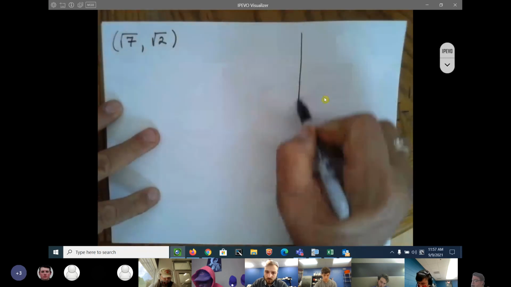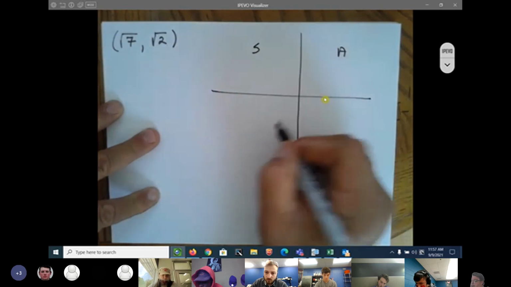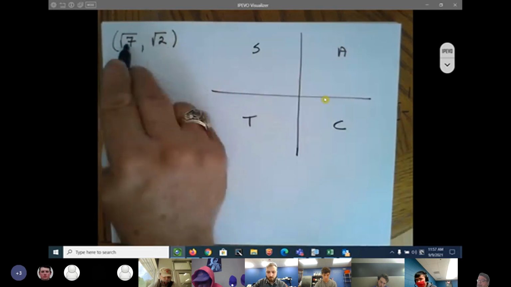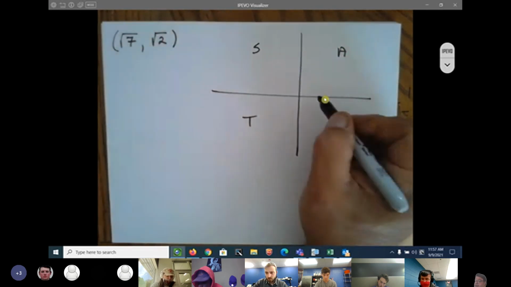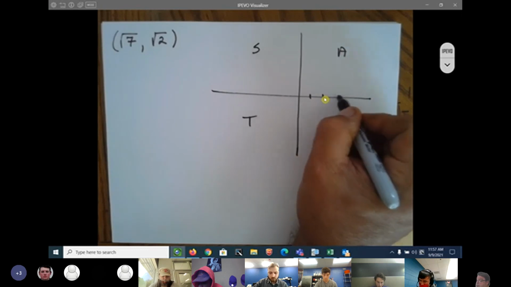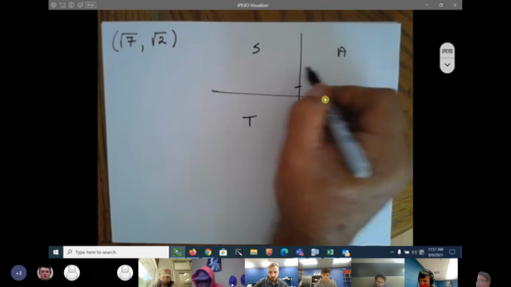Okay. All students take calculus. And this is positive, positive. So the square root of 7 is like 2.57. 1, 2, 3. And the square root of 2 is 1.4.